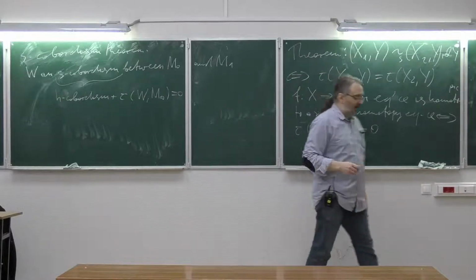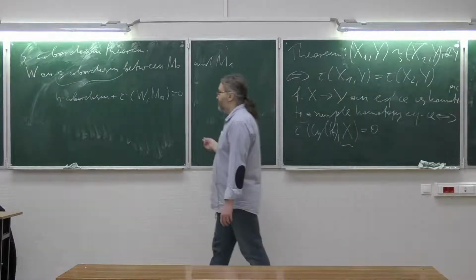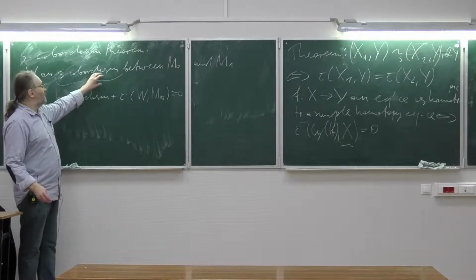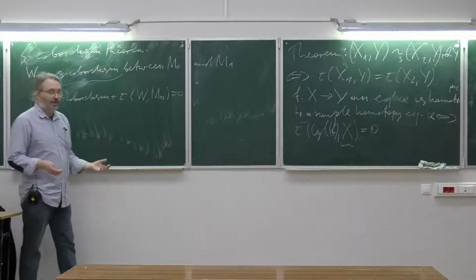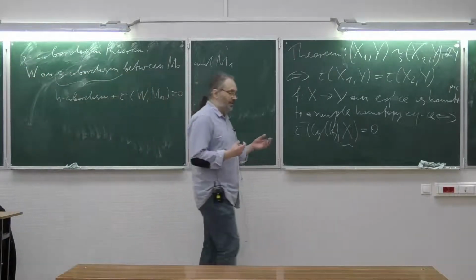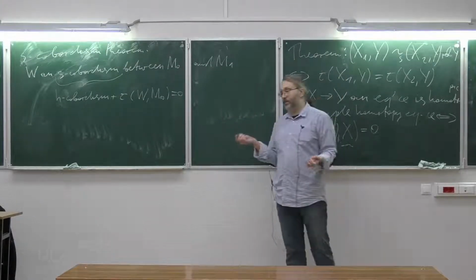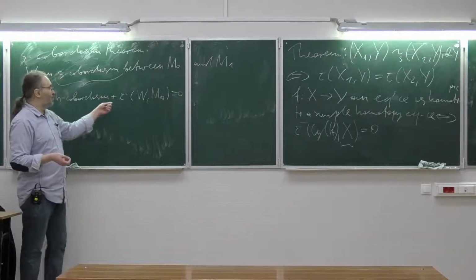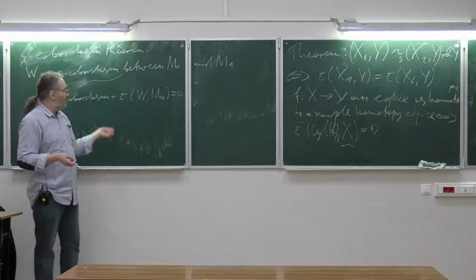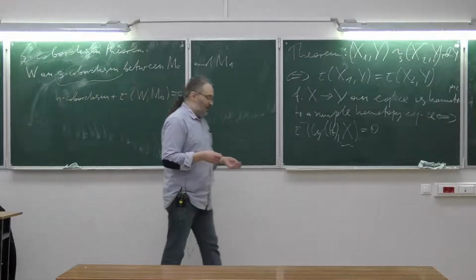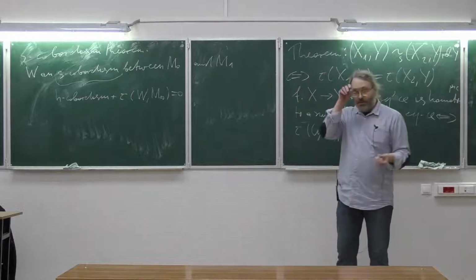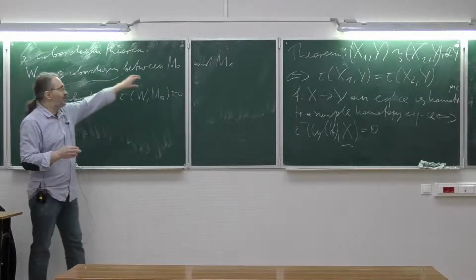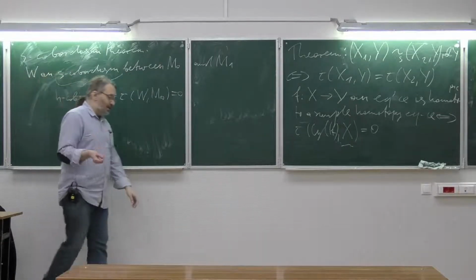The answer is straightforward. We first require W to be an H-cobordism. This means the inclusion of M naught into W is a homotopy equivalence. So it makes sense to talk about the torsion of the pair (W, M naught), and if the torsion is 0, then the cobordism is an S-cobordism.